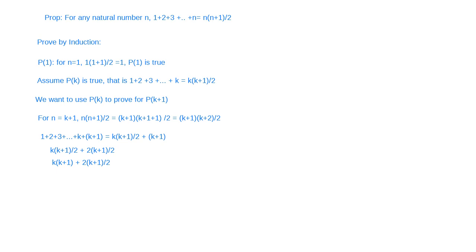The numerator becomes k times k plus 1 plus 2 times k plus 1. Well, both terms have k plus 1 in them. Factor out k plus 1. What's left for the first term? That's k. What's left for the second term? That's 2. Divided by 2. Now, bingo.